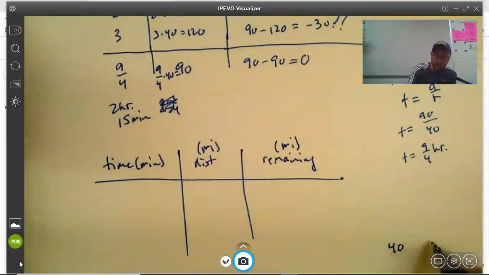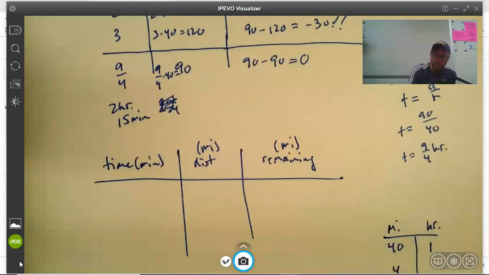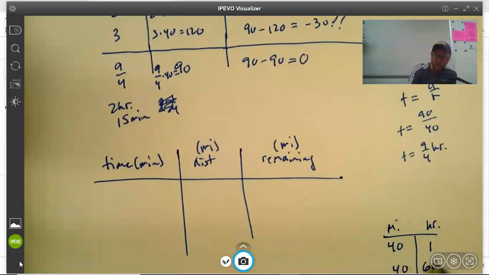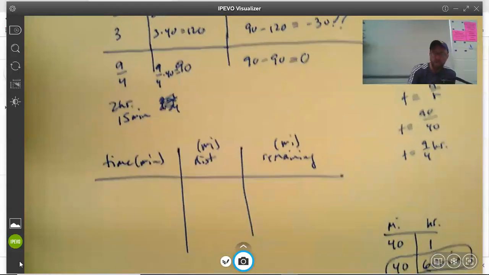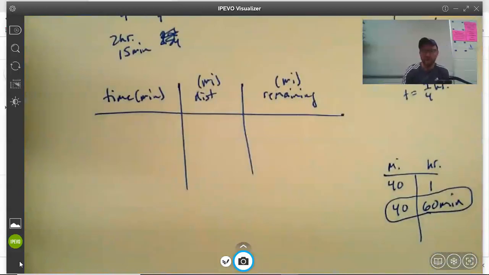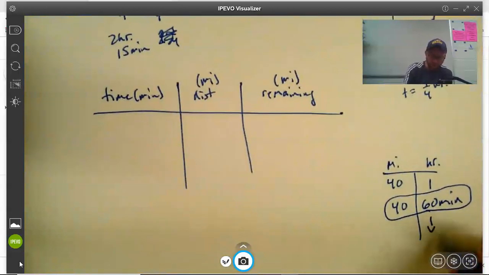I've got 40 miles in 1 hour. That's the same as 40 miles in 60 minutes. So if I wanted to scale this down to 1 minute, I would have to divide by 60.